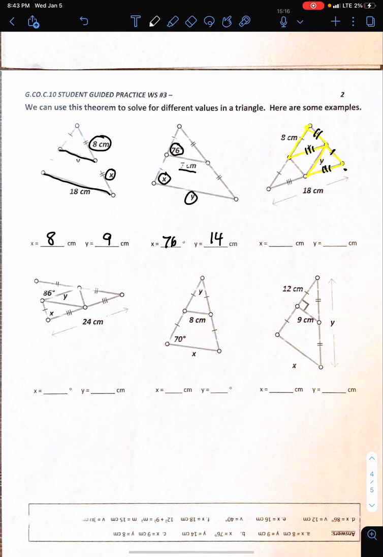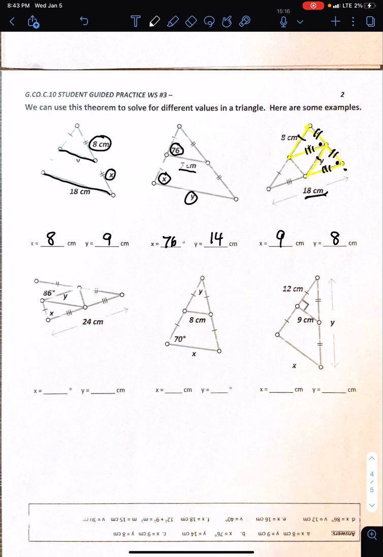And we obviously can see that those are congruent, and then we also have the corresponding angles. So these two triangles are congruent by side, angle, side. Therefore, I know that y is congruent to that side, the 8 centimeters. So that's actually our y. And then x is that mid-segment, which is half the third side, so we get 9 centimeters.